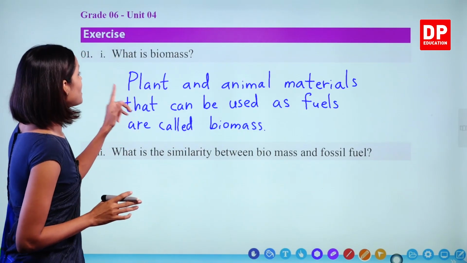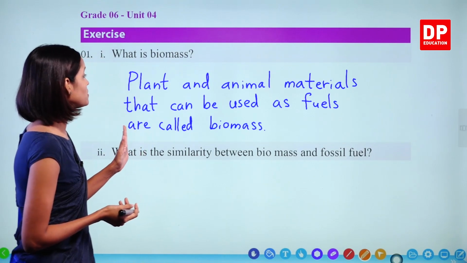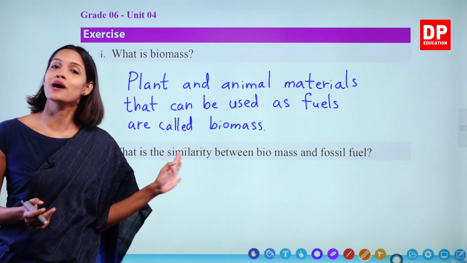Okay. Plant and animal materials that can be used as fuels are called biomass.